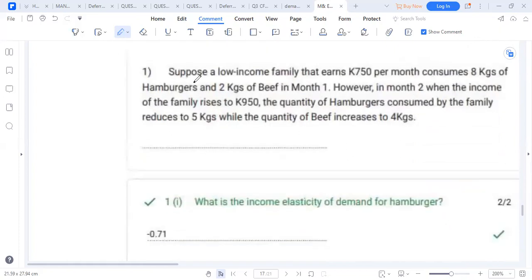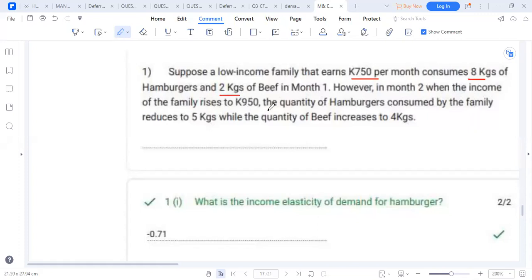Now I want us to go through this one, which had a number of questions. We're told that suppose a low income family earns $750 per month and consumes 8 kgs of hamburgers and 2 kgs of beef in a month.